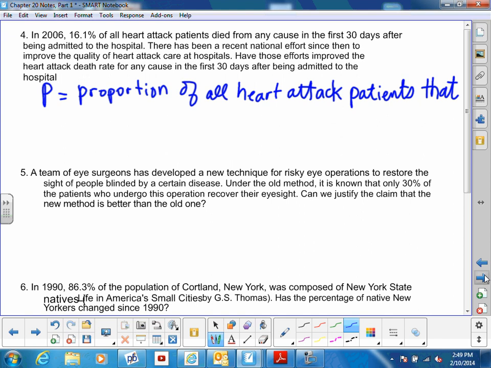You see here it talks about in 2006, this is the proportion that died. But we're now making a decision about current conditions. So this is about current conditions. Do not use past tense.